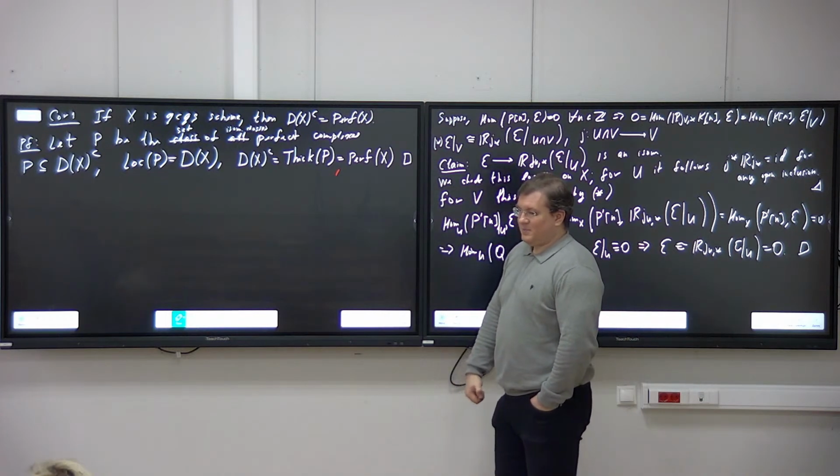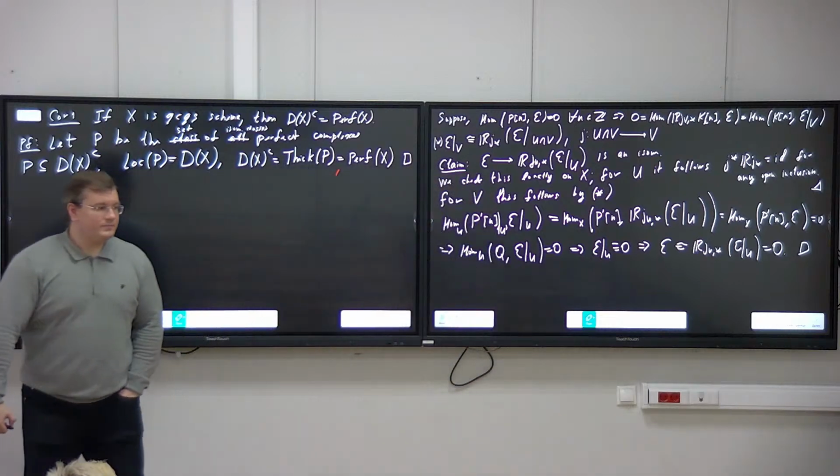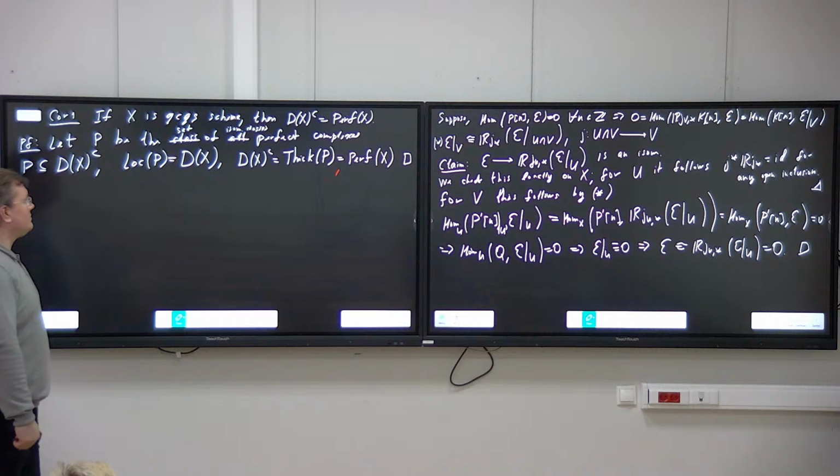Okay. Now the other inclusion: if you take some object from the thick closure of P, why does it lie in perfect complexes? What operations could you do?